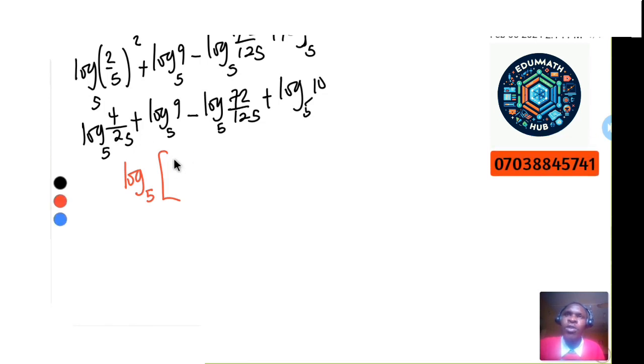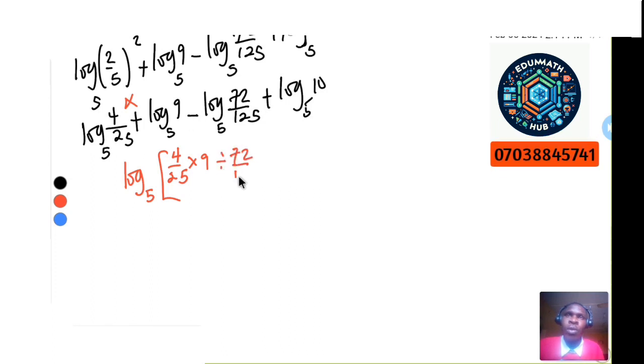So you have 4 over 25, then times 9. Then this one is minus, so it becomes division, 72 over 125. Then this one is plus, it becomes times 10.